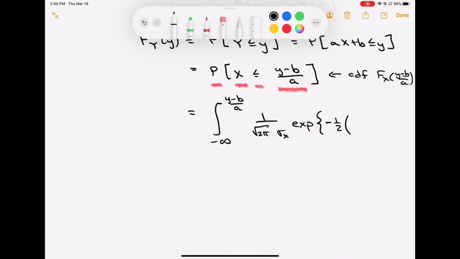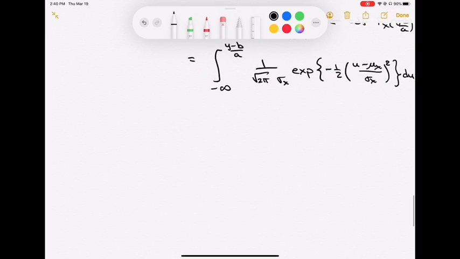I'm going to make the variable of integration something convenient, so I'm going to call it u, minus mu sub x, divided by sigma x, quantity squared. And then I'm going to have my du in here. I'm going to try to move this a bit to the other side.